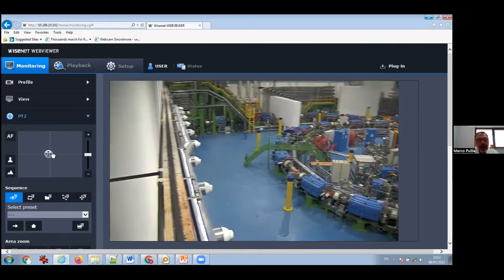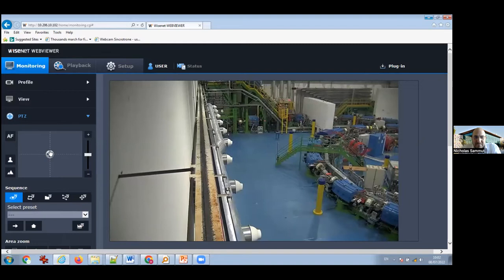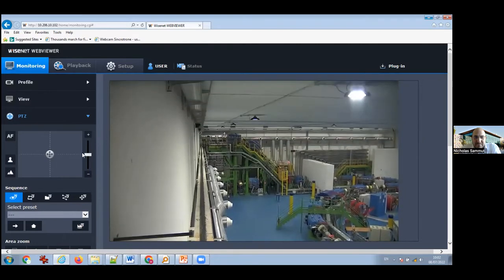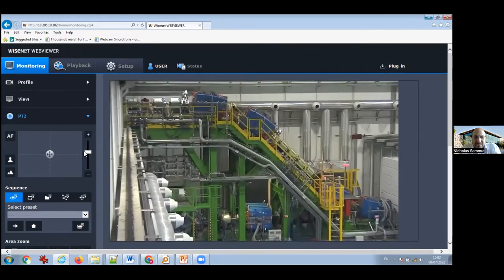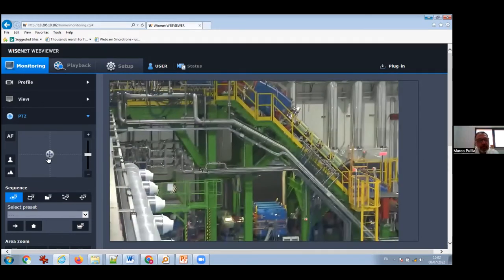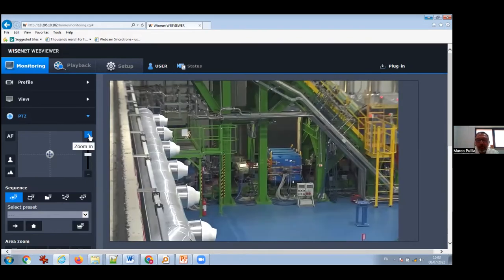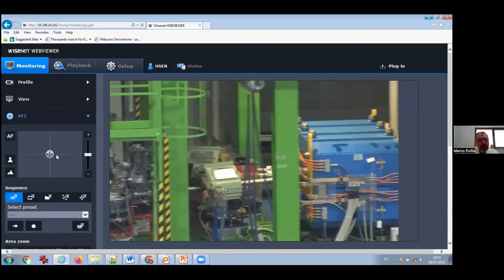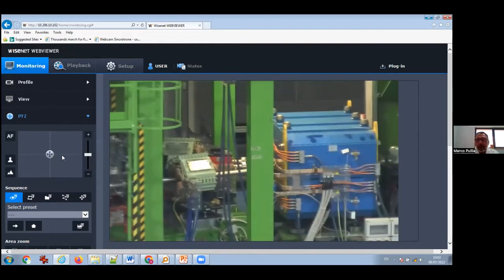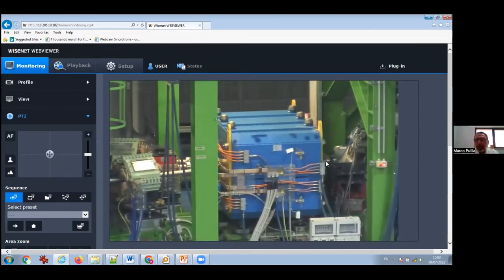You can see this blue magnet there, which is the one used to select the treatment room. In this magnet we have one vacuum chamber entering and 3 vacuum chambers going out.